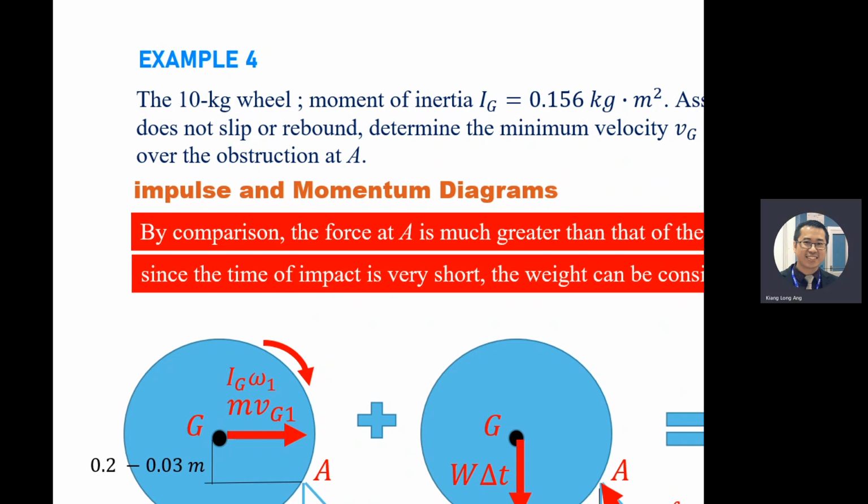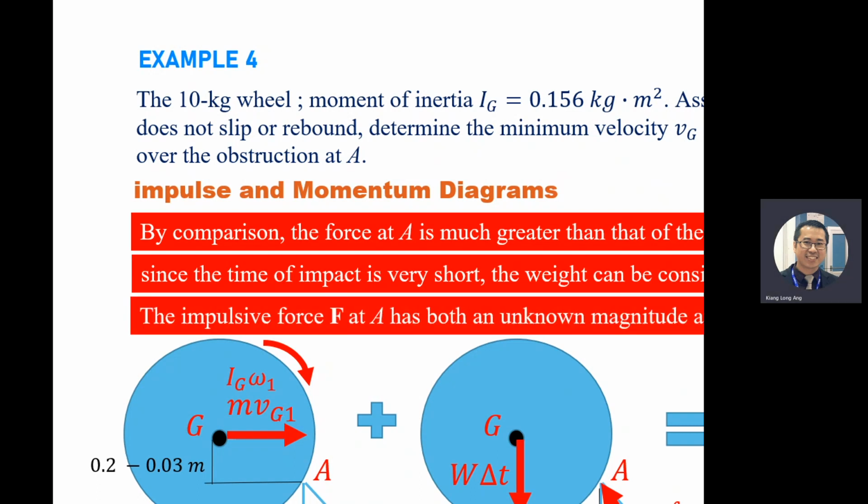This is a very special example. If you have a very short contact, then the weight is considered non-impulsive. The impulse force at A has both unknown magnitude and unknown direction theta. You don't know the direction. Here they don't give you the angle. Right?